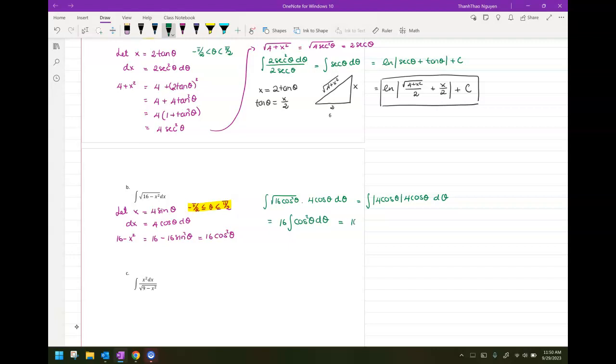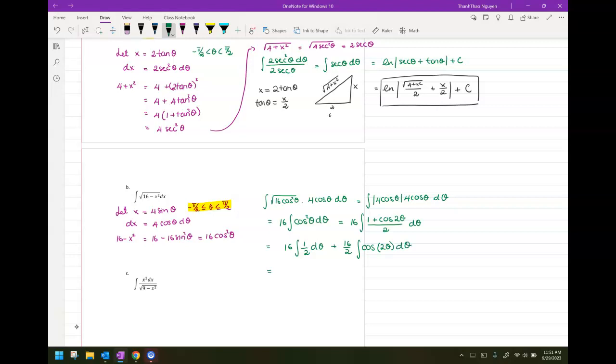I will use the power reducing identity in trigonometry to rewrite this as (1 plus cosine 2 theta) divided by 2 d theta. So then 16 times the integral of 1/2 d theta plus 16 divided by 2 times the integral of cosine of 2 theta d theta.